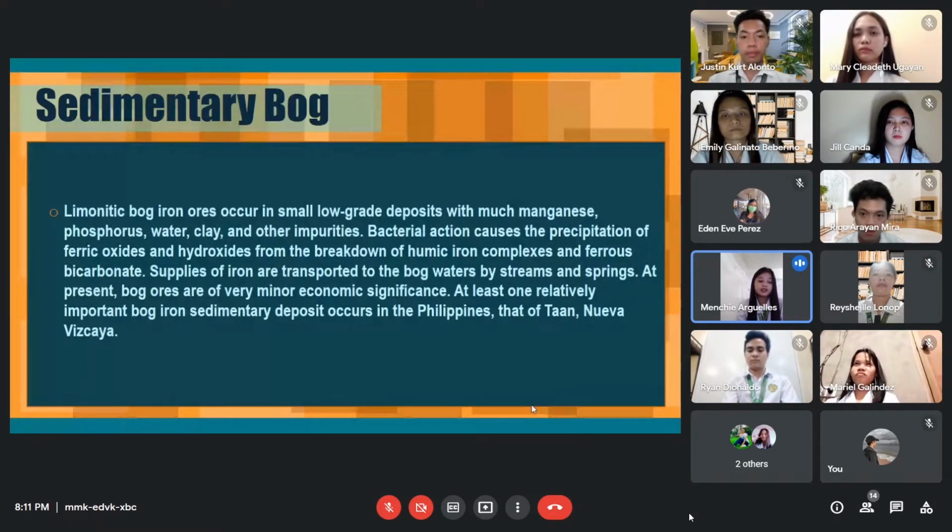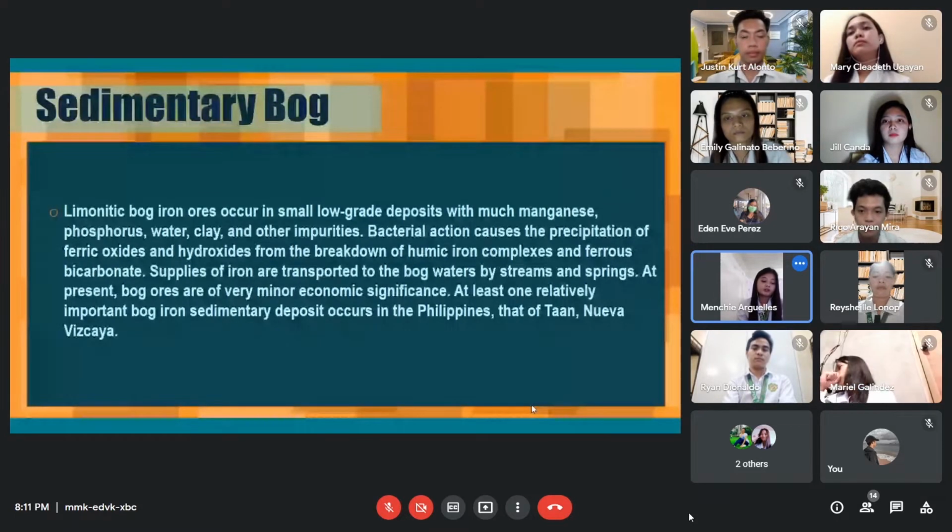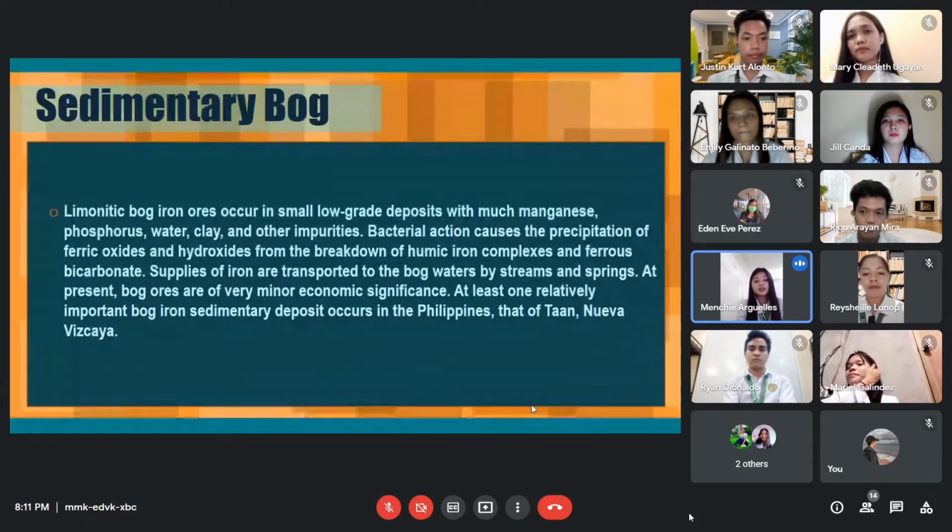Iron supplied into this basin originated from the chemical weathering of surrounding rocks, which show evidence of pyritization probably brought about by dioritic intrusions or bacterial actions, causing the precipitation of ferric oxides and hydroxides from the breakdown of humic iron complexes and ferrous bicarbonate.